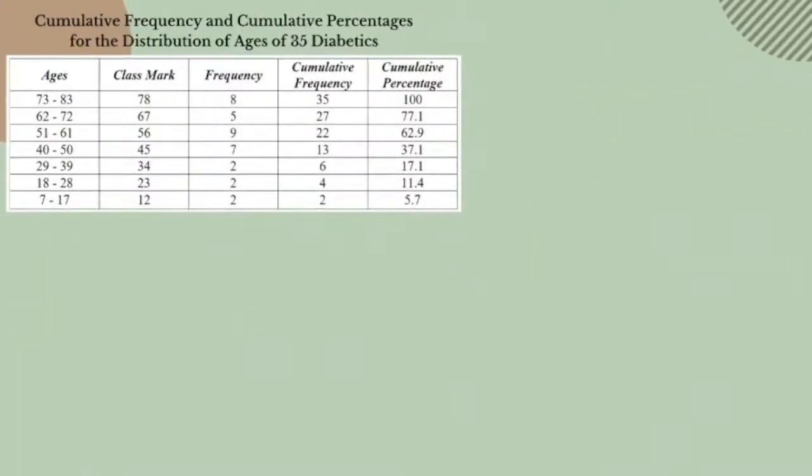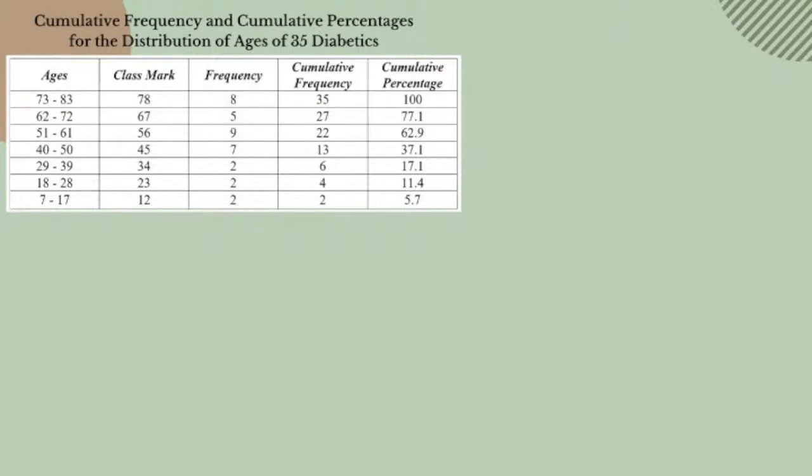On the modeling part of your self-learning materials, you can see a cumulative frequency and cumulative percentages table for the distribution of ages of 35 diabetic individuals.